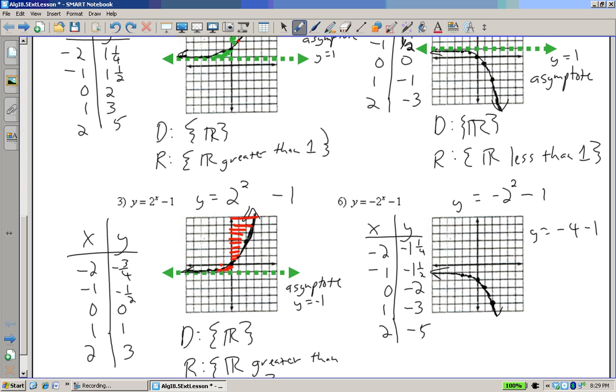And you can see the horizontal asymptote emerging there at y equals -1, which is exactly where we thought it would be.